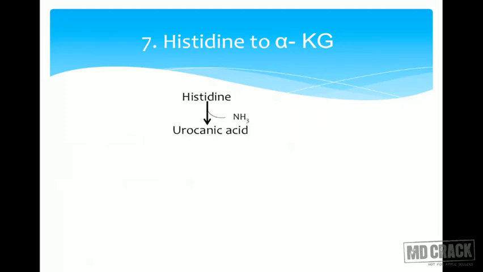Now the next amino acid is histidine. Histidine, how is it converted? This I have already told to you. Histidine to urocanic acid is by the liberation of ammonia, and this comes by the action of the enzyme histidase. This is important because ammonia is liberated here.